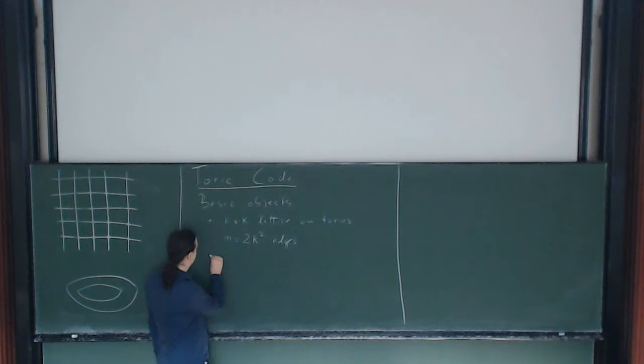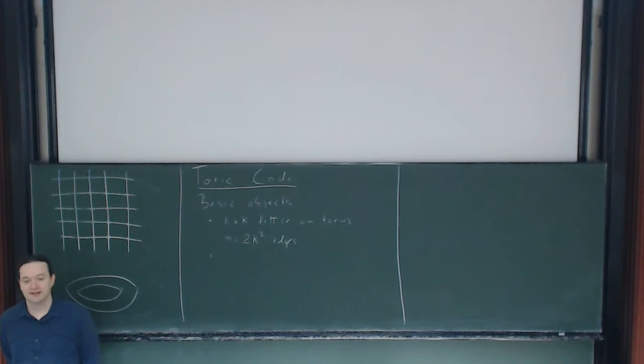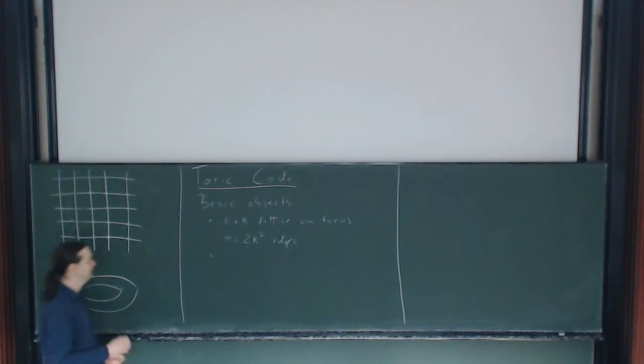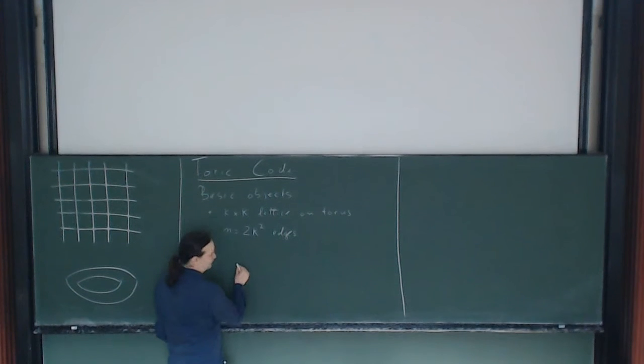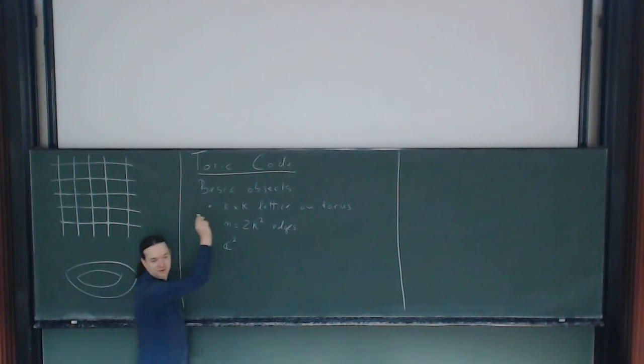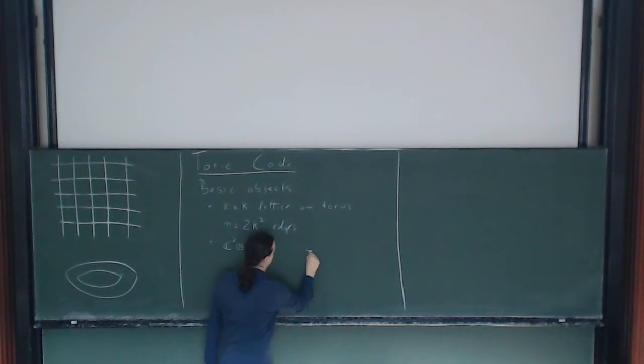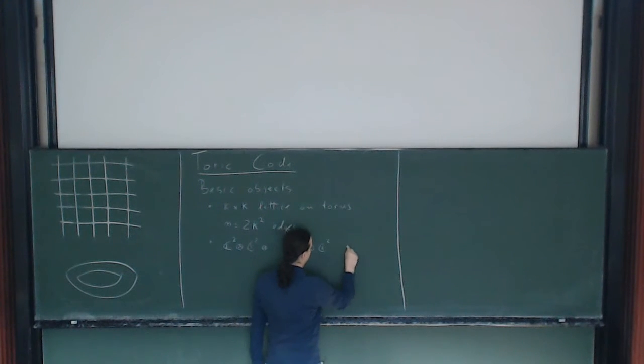And now what we do is we associate to every edge a Hilbert space. So the most important object here is C2 tensor C2 tensor C2, and these are n times.